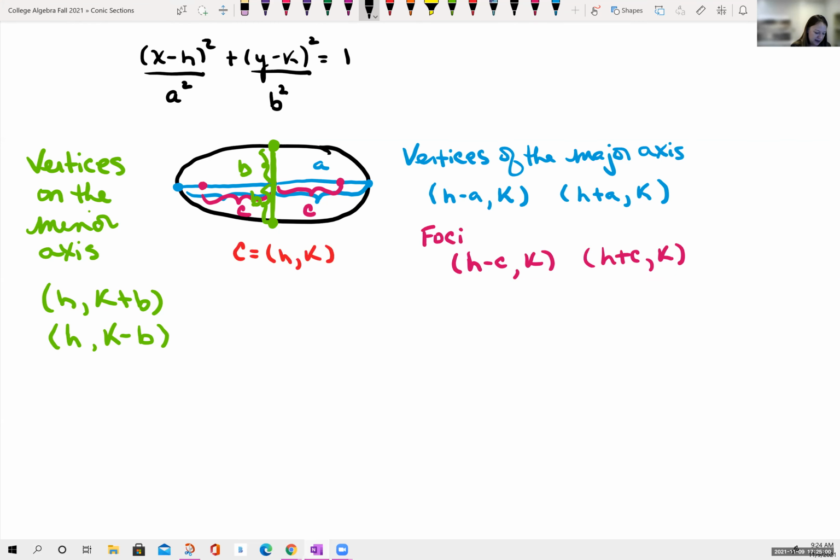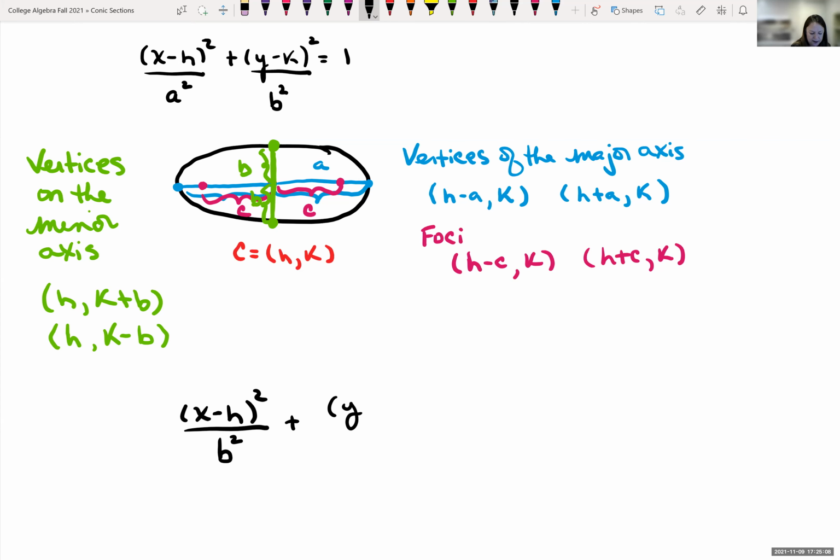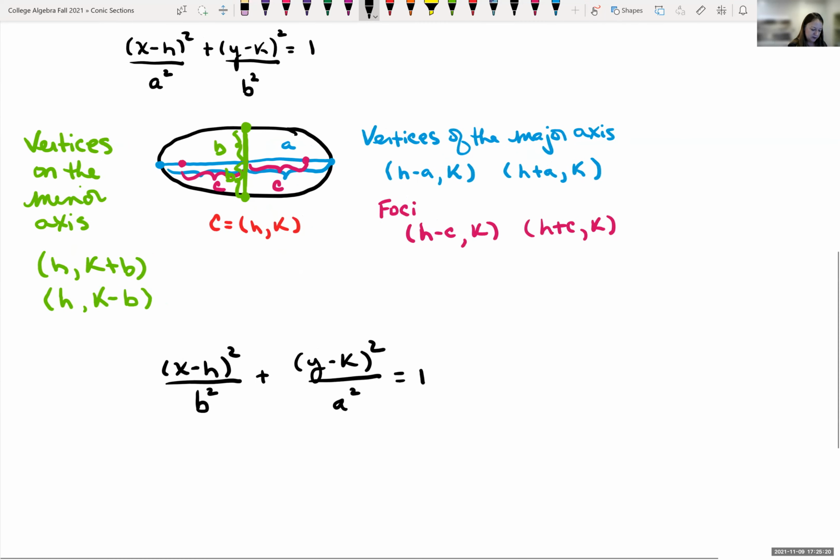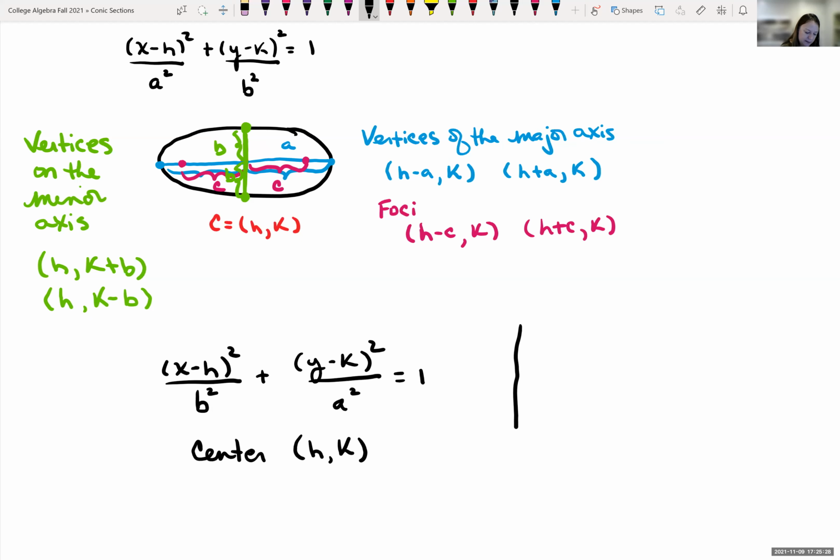So this would be x minus h quantity squared all over b squared plus y minus k quantity squared all over a squared, and this is equal to 1. So same idea, center is still h, k, but this is elongated this way.